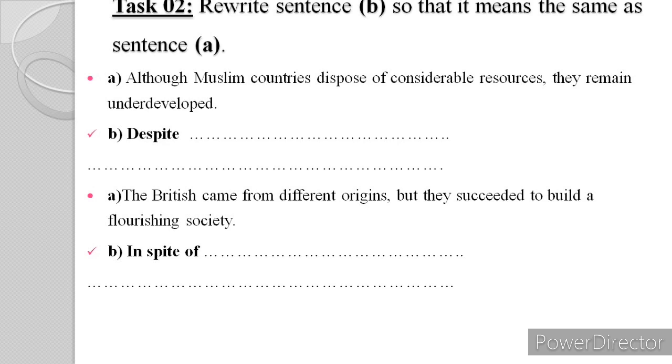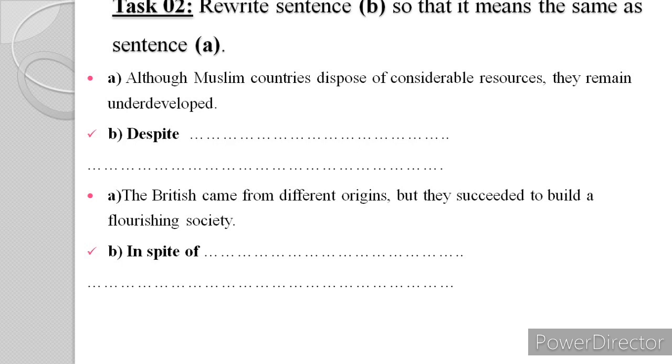Rewrite sentence B so that it means the same as sentence A. You have sentence A, and you will rewrite it in sentence B with the same meaning, but you have to use the word despite and the word in spite.